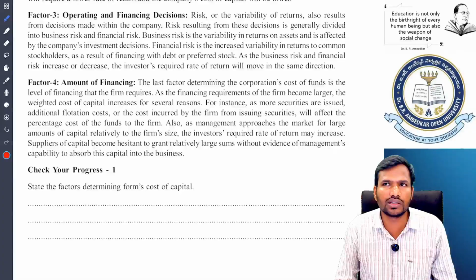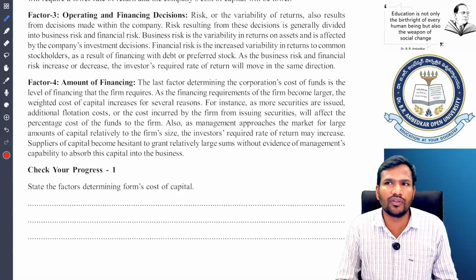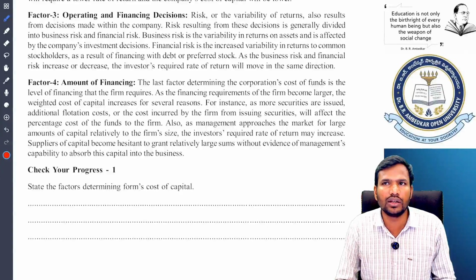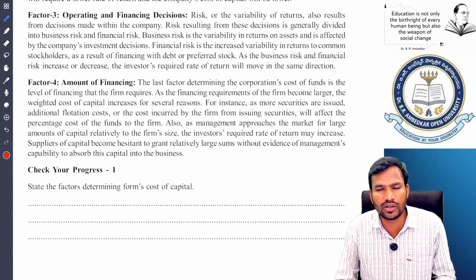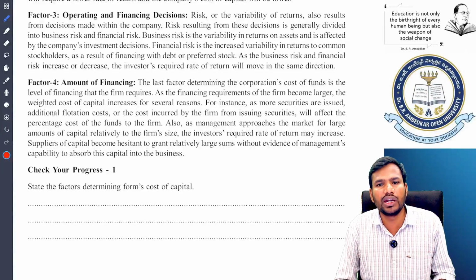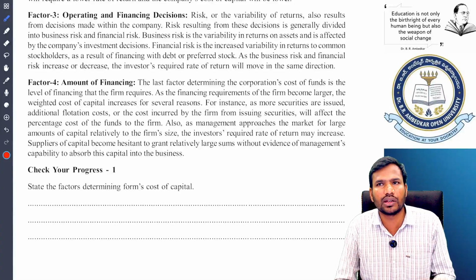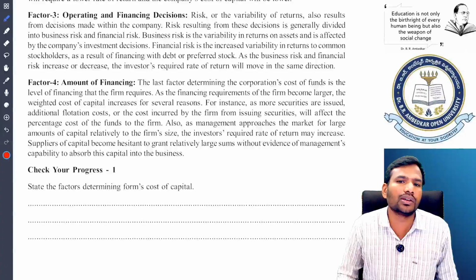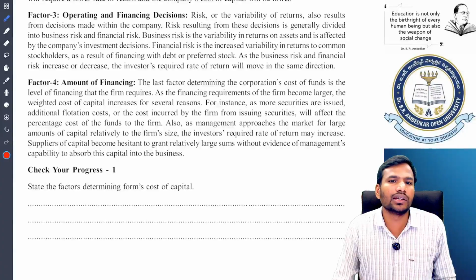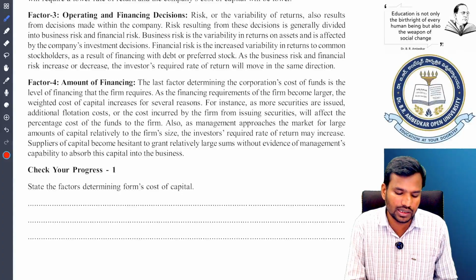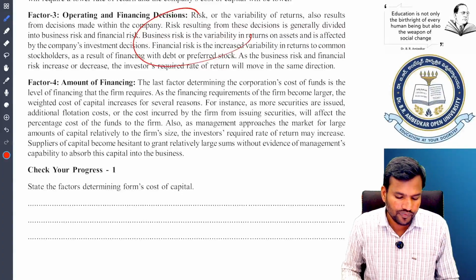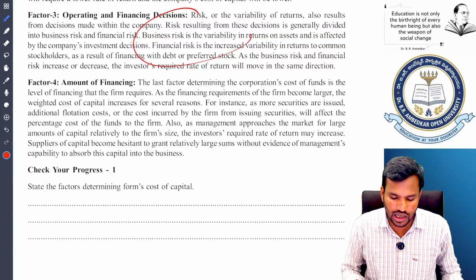Finance decisions means how the company utilizes the funds procured from outside, how those funds are utilized in the organization, how the company declares the dividend, how the company pays the rate of interest on debentures, how the company pays interest to the bankers. These may all decide the cost of the capital. Amount of financing: the last factor determining a corporation's cost of funds is the level of financing.